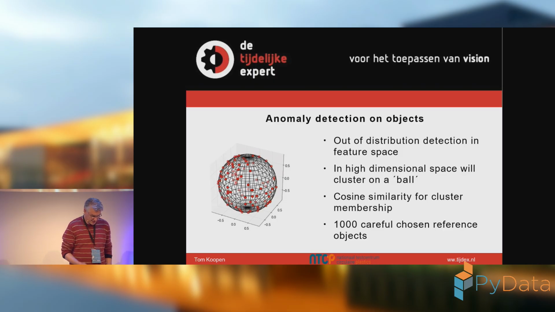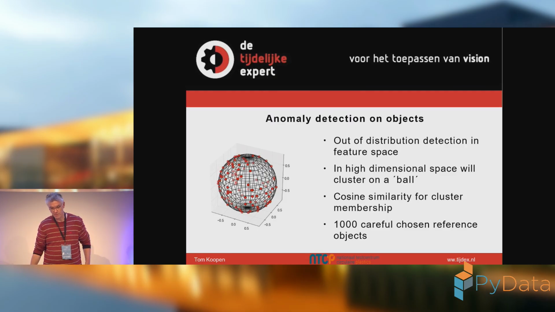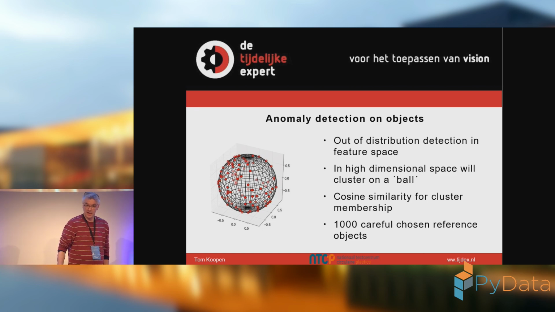In this case, we didn't have time to really explore all this data and get balls and so on. So we basically did a cosine similarity for cluster membership. We built up a cluster of the normal distribution to compare to. To do that, we carefully selected 1,000 reference objects.